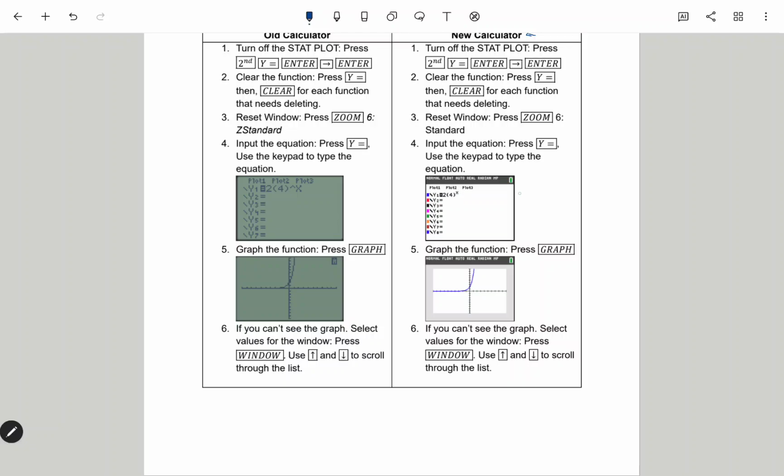So you're just going to hit 2 bracket 4 bracket, then you're going to hit that caret button to get the exponent, and you're going to hit x. And then you're going to graph the function by pressing graph. If you can't see the graph, which in this case we can, then you would go into your window and you would adjust your windows until you can see the graph.